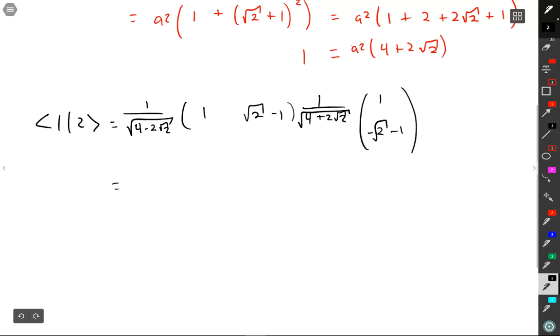Fortunately, since I'm only checking for orthogonality, I don't really care what the outer portion is, 1 over square root 4 minus 2 root 2 times 1 over square root 4 plus 2 root 2. Although it turns out to be easier than you'd think because the cross terms come out to 0. But what I care about the most is 1 plus root 2 minus 1 times minus root 2 minus 1.